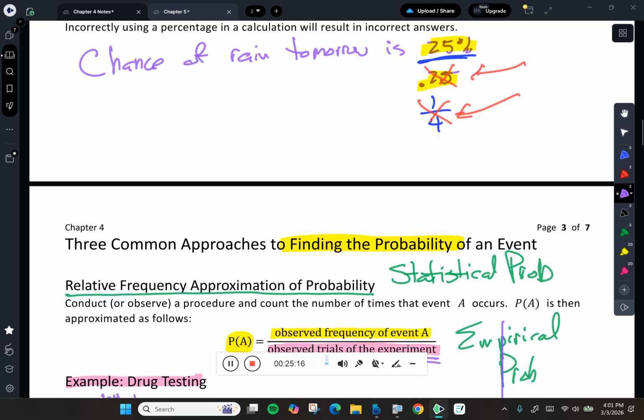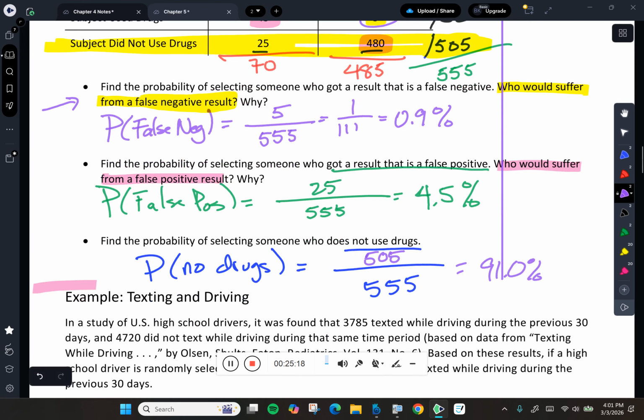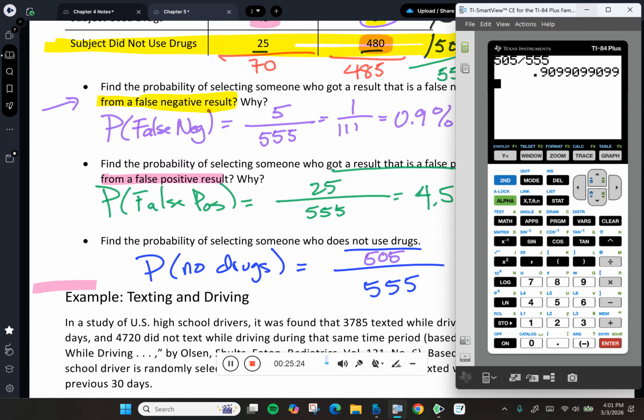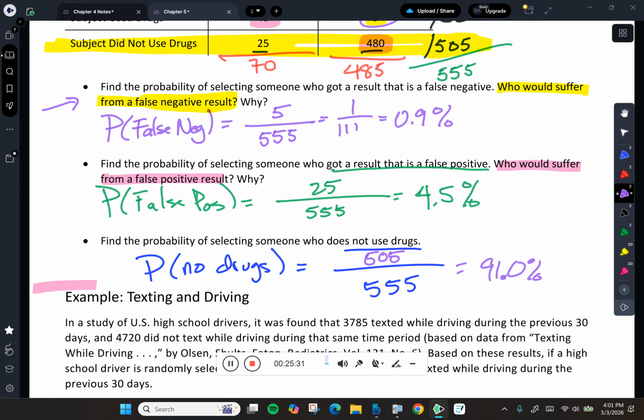91.0%. Okay, just a note about this. The decimal on the calculator is 0.9099099, and so on and so forth after that, right?